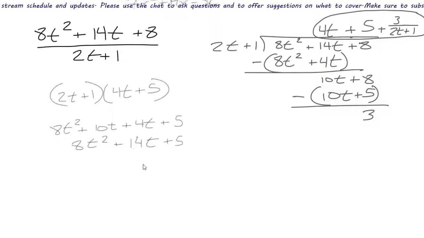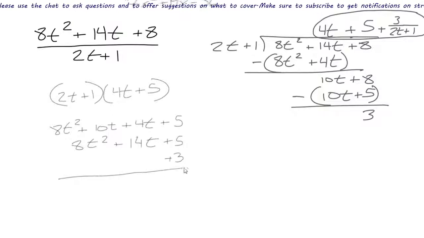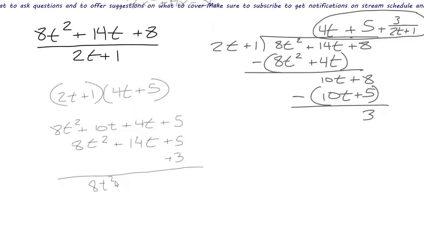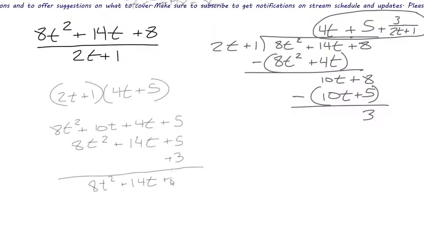You're like, oh, Mr. Parker, this doesn't match up. Well, the reason for that is we need to add our remainder at the end, which was just the 3, so add 3. And now it matches up, so we're good to go. That looks awful, so I'm going to fix that.